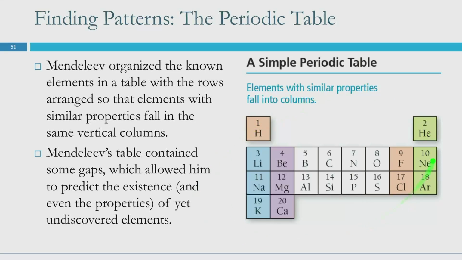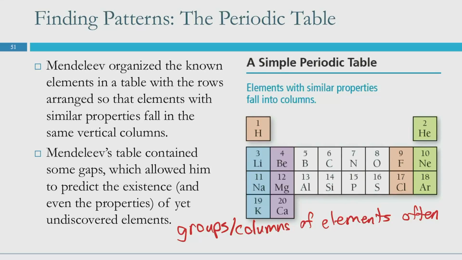So it would have looked something like this, which is a lot more similar to what we currently have for our periodic table. So groups or columns of elements typically, we'll just say they have similarities, similar properties. You could also call them families of elements.